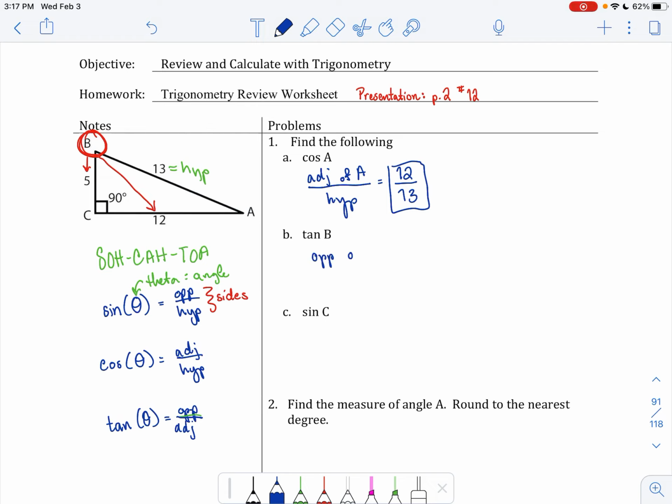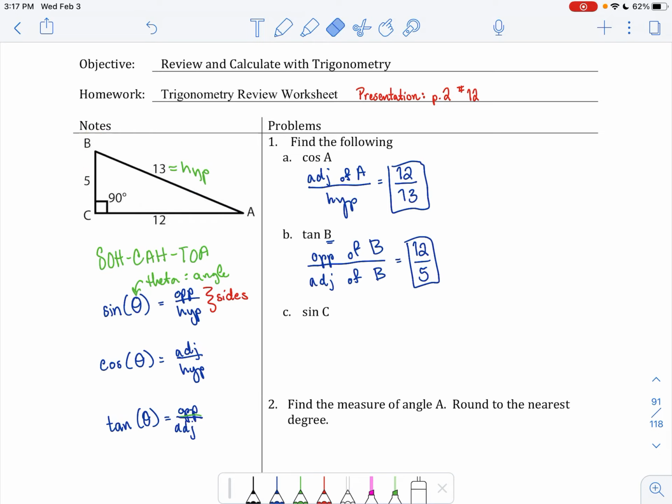So this is the opposite of B, because we're considering angle B here, over the adjacent, because that's tangent of B. In this case, the opposite of B is 12 and the adjacent is 5. We usually just leave things as a fraction. If you want to write it as a decimal, that's fine.